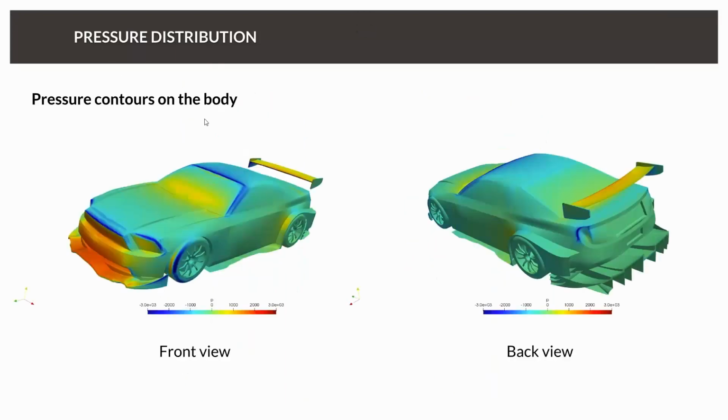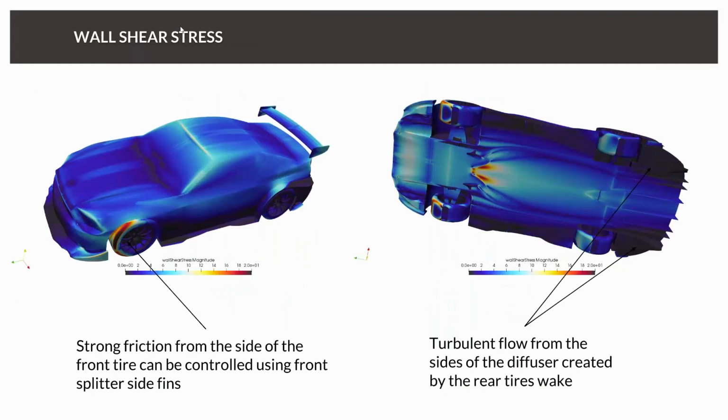And therefore, we will now not take a look at the pressure distribution, but at the wall shear stress distribution, because the wall shear stress helps us to understand why the flow is streaming like it's streaming. First of all, we see that we have a lot of friction on the front tire, and this friction can be controlled using these front splitter side fins. You can imagine the flow being directed by this fin around the front part of the car, and then streaming and touching the rotating tire.